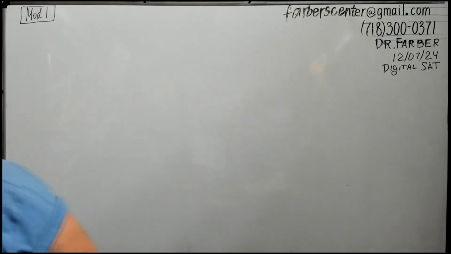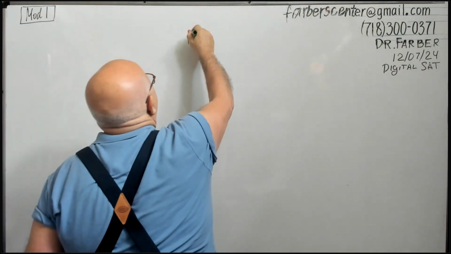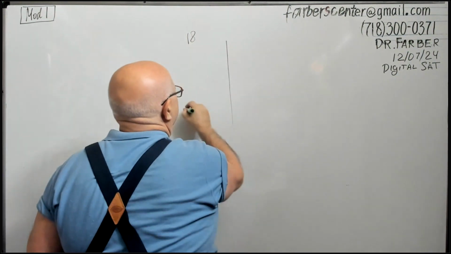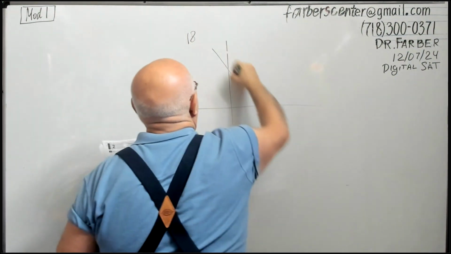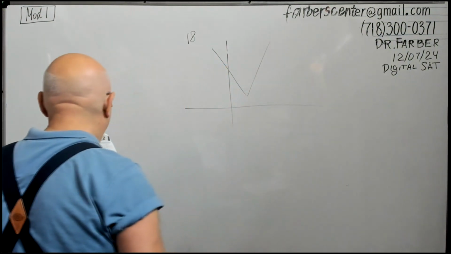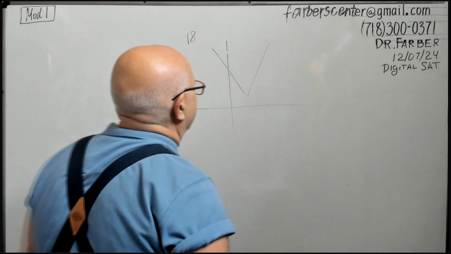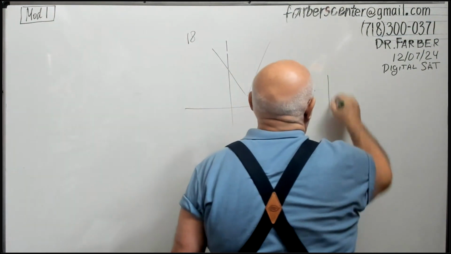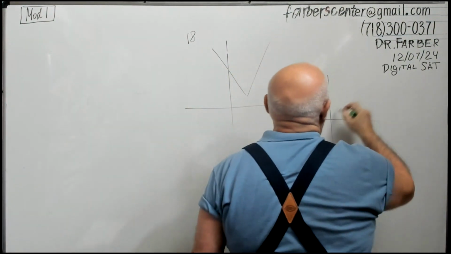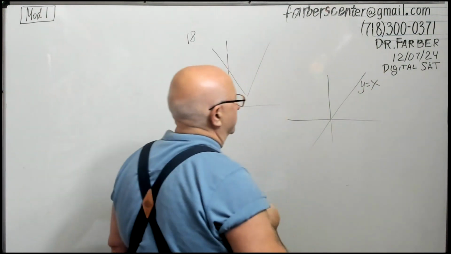Number 18, very fast. We have Cartesian coordinates, and we have some graph like this. Which of the following defines f? Well, when you have this graph, always recall, for instance, the graph y equals x, it goes like this.